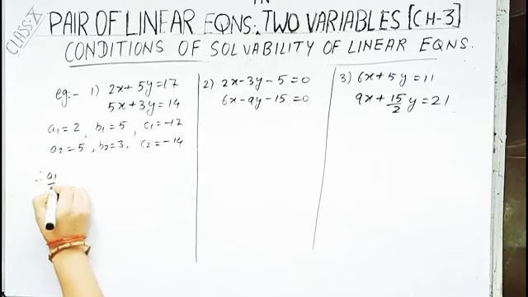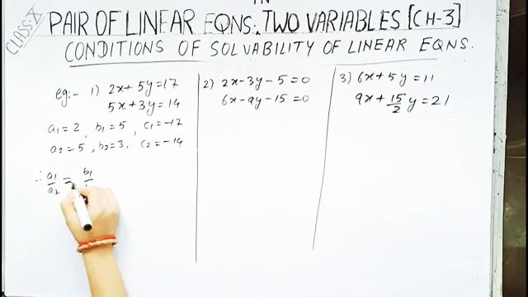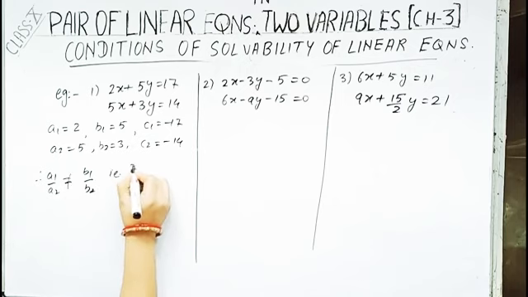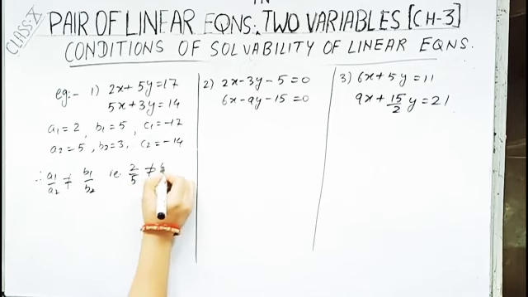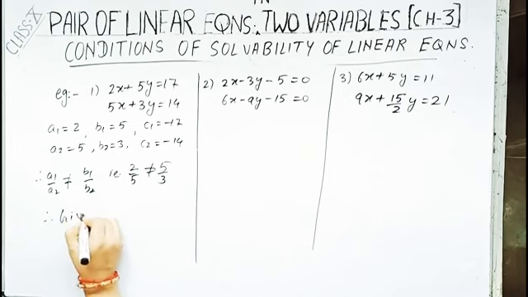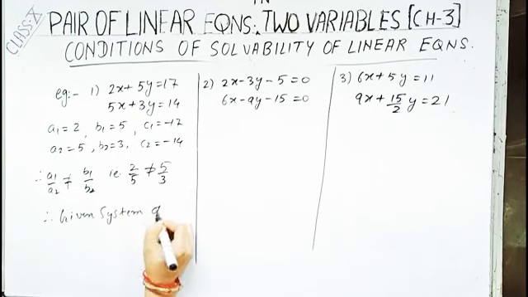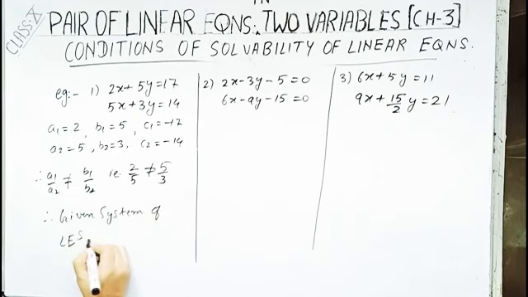Therefore, a1 by a2, 2 by 5, is not equal to b1 by b2, that is 2 by 5 is not equal to 5 by 3. Therefore, the given system of linear equations has a unique solution.